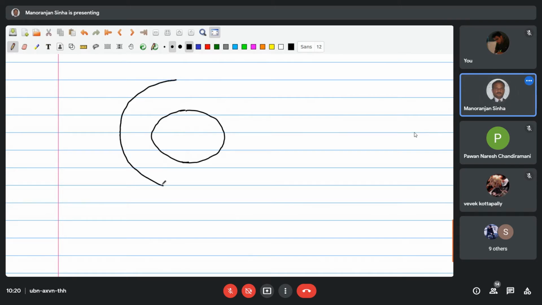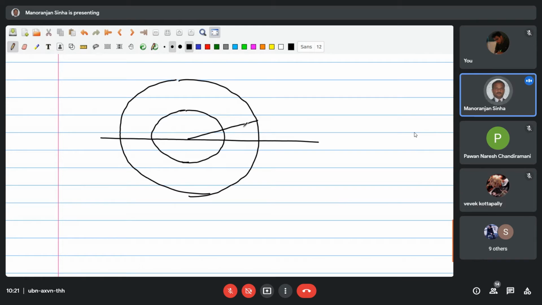Another circle is like this. Draw a radius from the center to the outer circle.